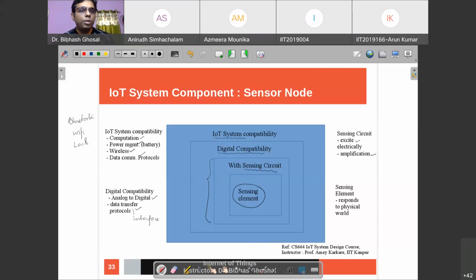So we have three kinds of such sensor nodes available with us, 15 of each. And we use them for data communication between an aggregator, or what we call the gateway. So we call them the Bluetooth nodes, the Wi-Fi nodes and the low power nodes, the BLE nodes. So we have them.